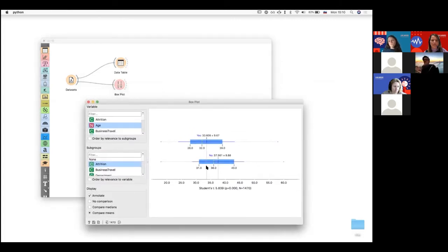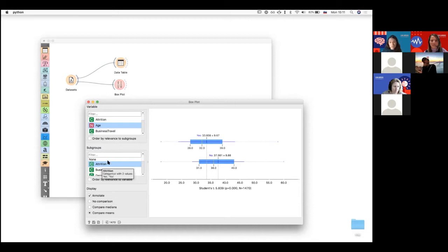So you're probably familiar with the box plot. It shows kind of like distributions of the data. So it shows the mean, the median, it shows standard deviation, it shows the quartiles, so the first and the third quartile. So it gives us essential information about our variables. Here, for example, we see variable age and how age differs based on this attrition attribute. So an attribute is one column in the data.